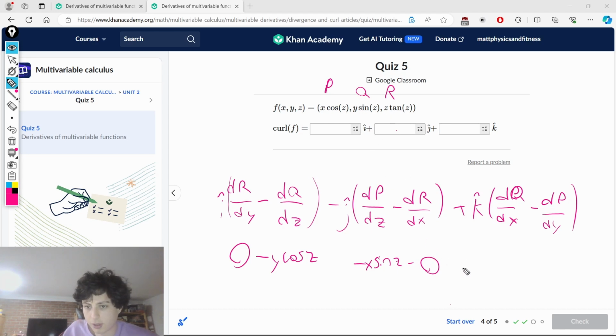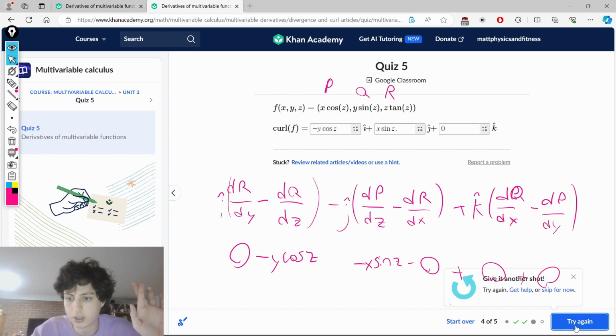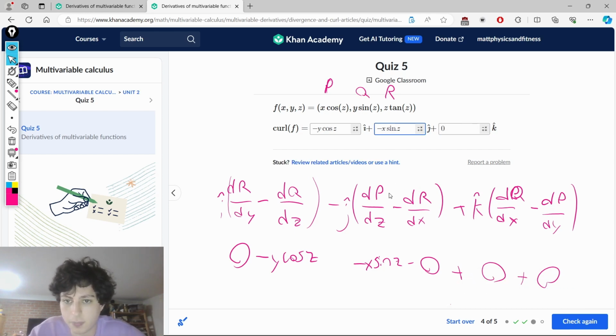No, we don't, because that's the z partial. It makes sense, because in two dimensions you never take the partial of the direction you move in. dq dx is 0, and dp dy is 0. So that one's 0, that one is negative x sine z, and that one is negative y cosine z. Oh, this one was negative, right? So positive. Cross your fingers. If it's negative, I'm going to cry.